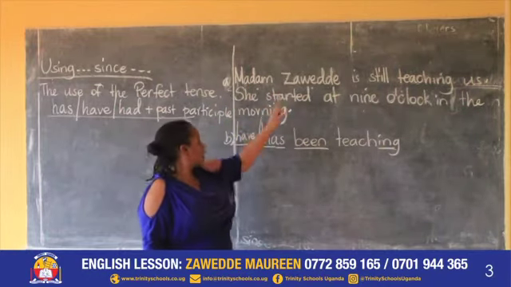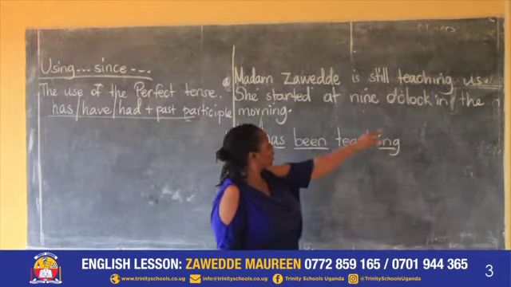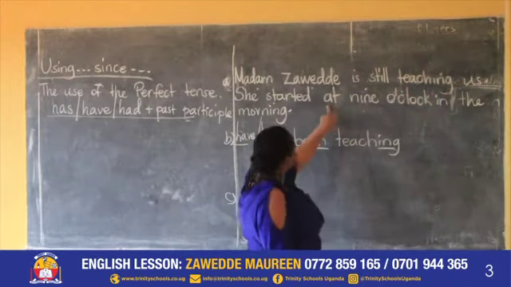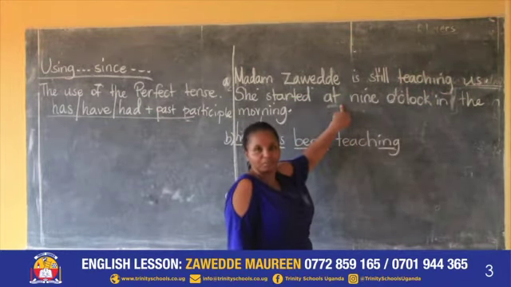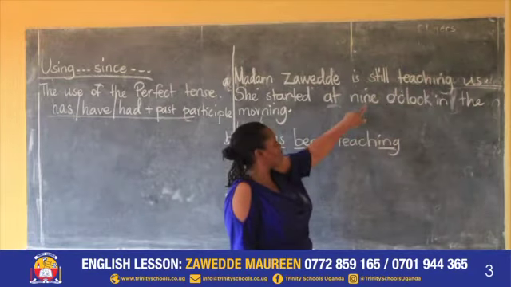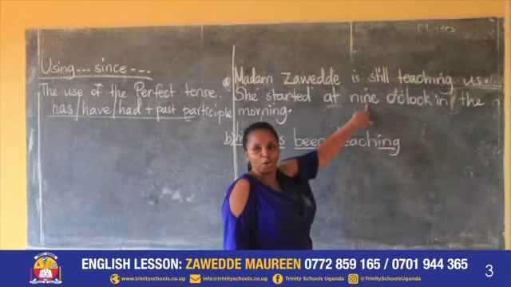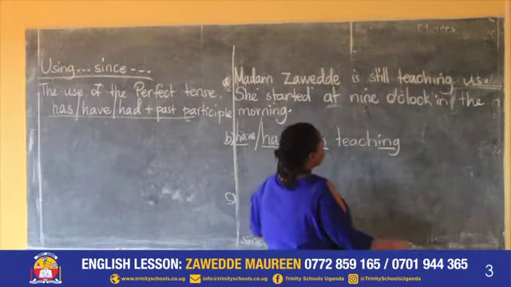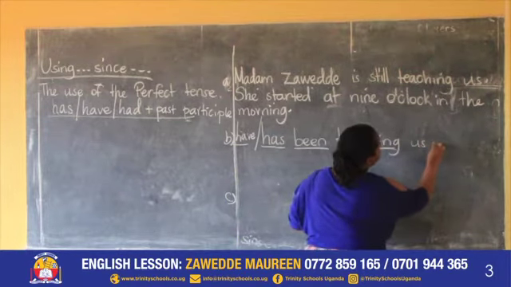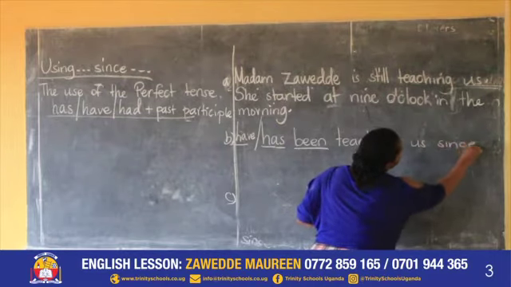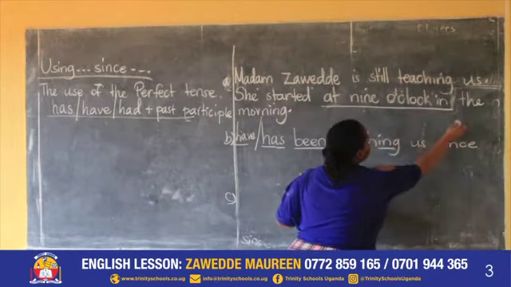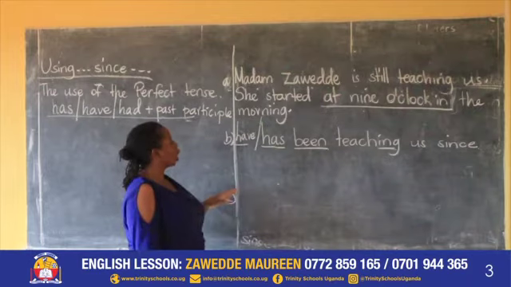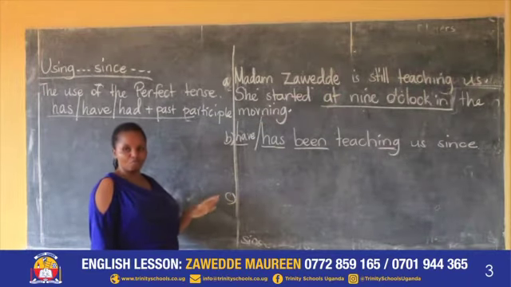Madame Zawedde has been teaching us since this point of time. Since this point of time, which is what? 9 o'clock in the morning. Madame Zawedde has been teaching us since 9 o'clock in the morning.